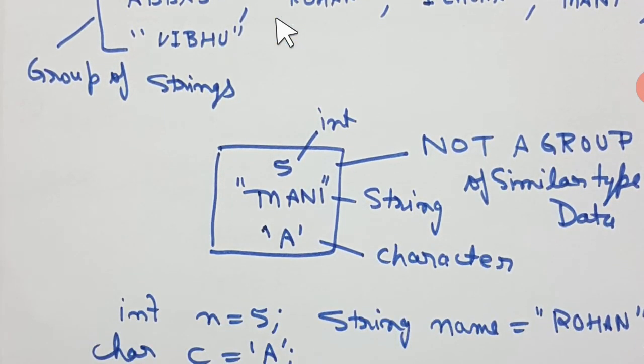After that I see one more combination. This 5 is an int type data element, this is a string type data element, Money, and then in single quotes I have written a character literal, so this is a char type data element.